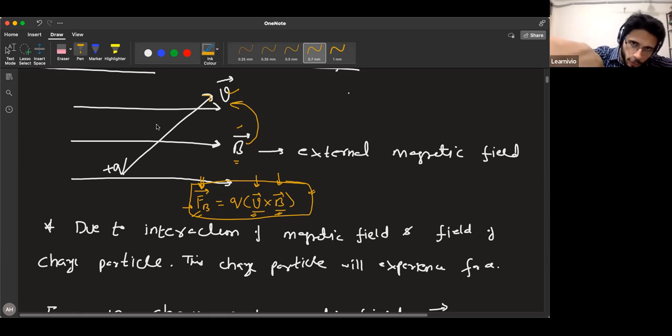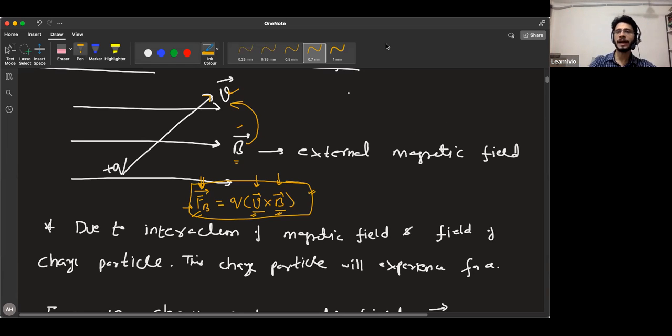It should go into the screen of your notebook. Place your finger along velocity and curl it towards the magnetic field. It should go inwards into the plane of your notebook. Yes, sir, it's inwards. Saifullah, Minashi, Sahil, yes, sir, inwards.